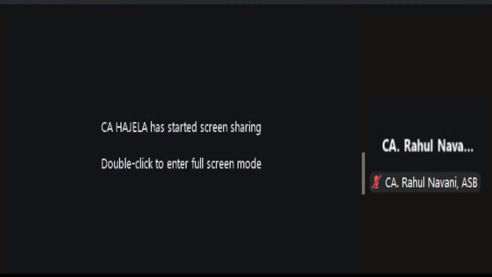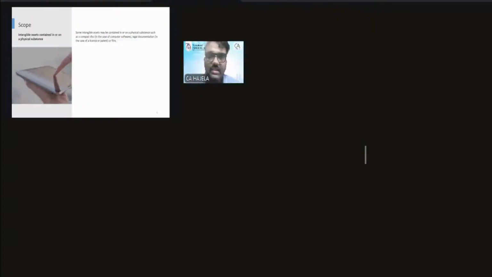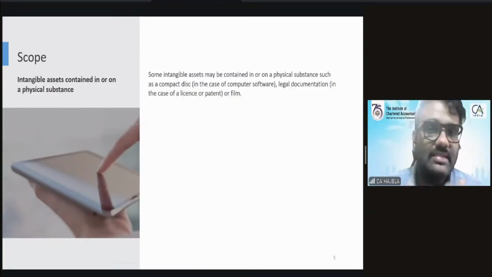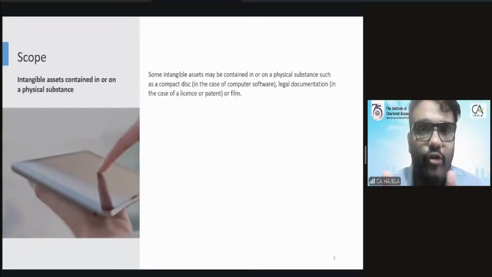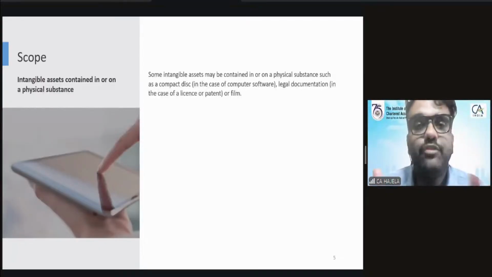Here substance takes over form, where we study whether software is coming in some form of physical substance, be it a laptop, a hard disk or a compact disk. Is the physical substance of more relevance and the software just a part of it? Or is the software of major relevance and the physical substance just a medium to carry it?